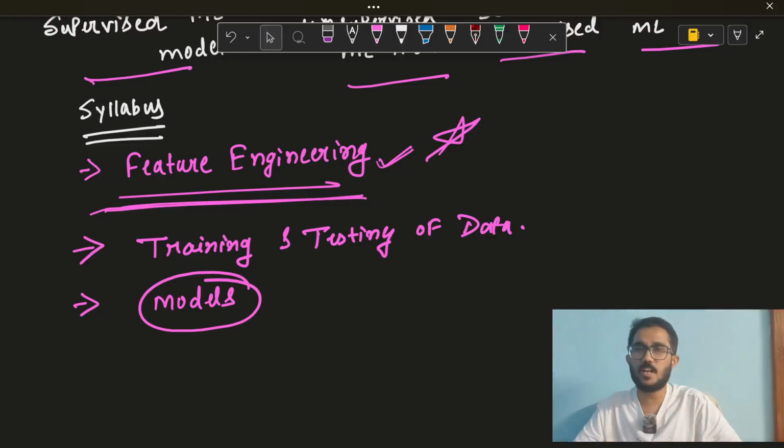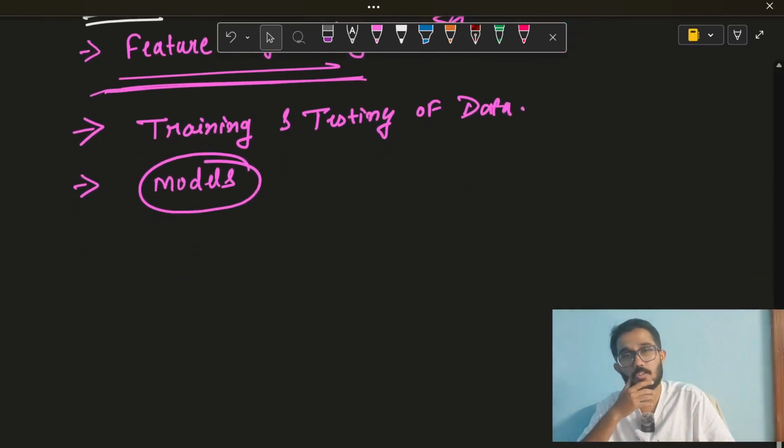If you are giving full time, like 8 to 9 hours per day, then within 1 month machine learning can be crystal clear and you will be fully industry level prepared. So this is all about the syllabus.